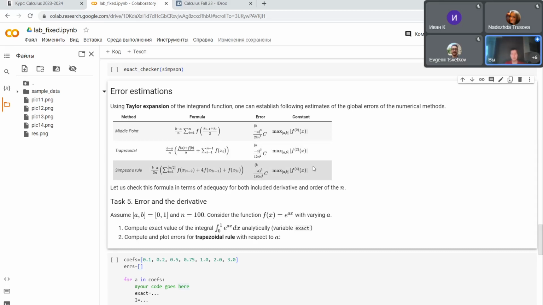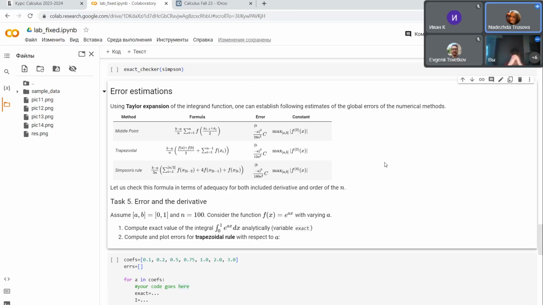Can it be a problem? Can it make our situation even worse compared to proportionality to the second derivative? What do you think? Yes, because we can have some discontinuity in further derivatives.